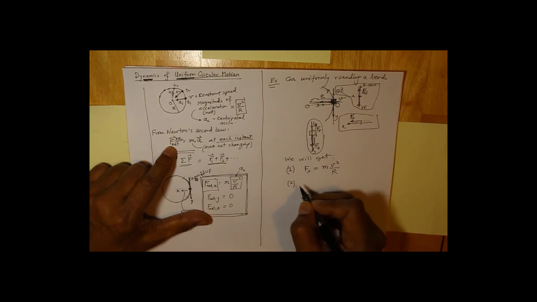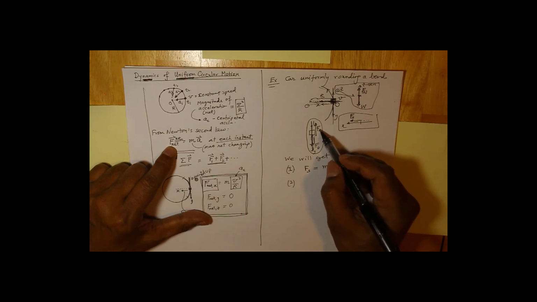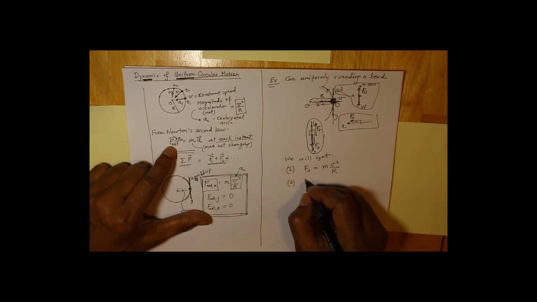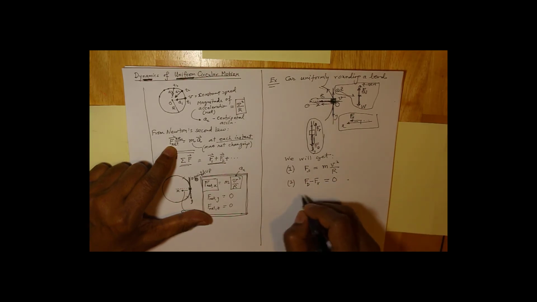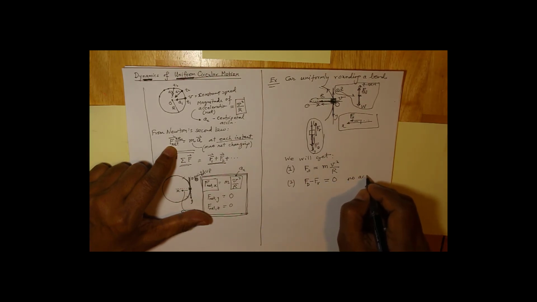The second equation along the y-axis will be that drag must equal the rolling friction: F drag minus F rolling must equal 0, with no acceleration component along this axis.